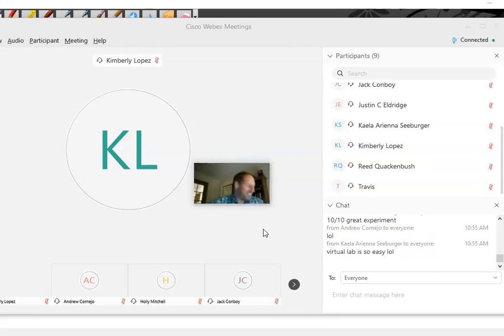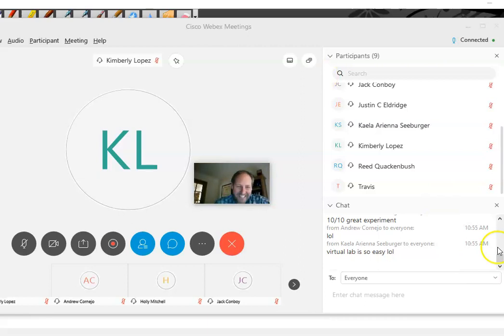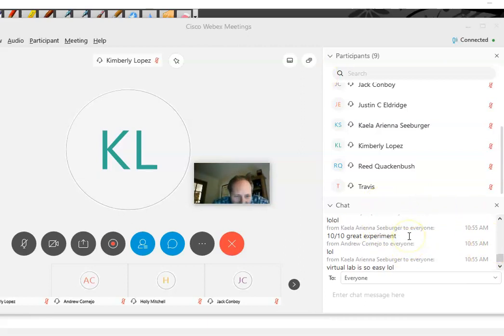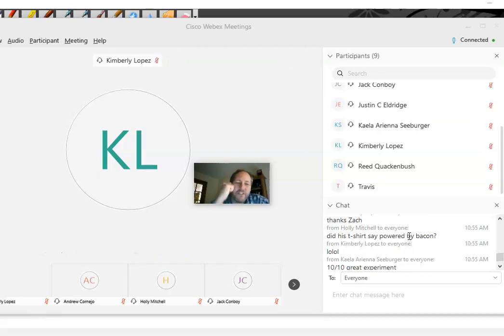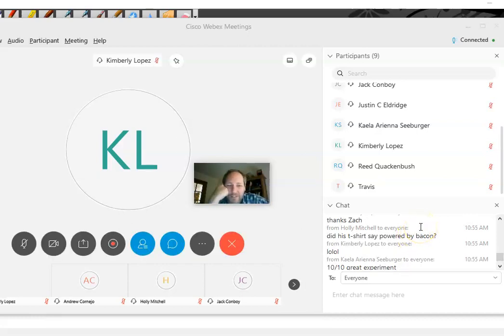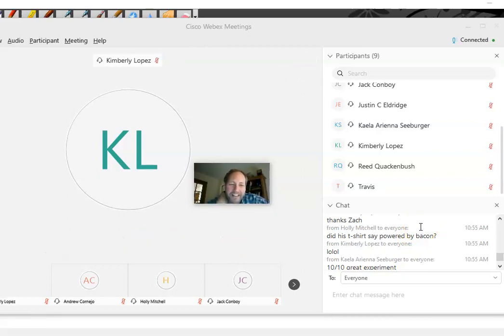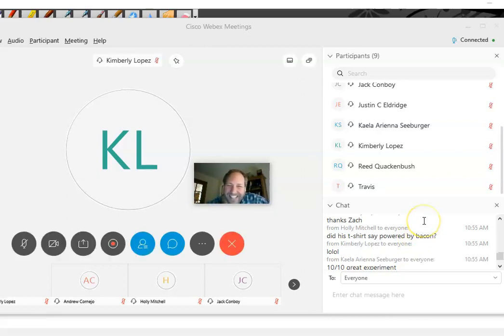Yeah, virtual lab is so easy. That's right. Oh, thank you guys. Oh God, Holly, that's so funny you said that. My son said, "I wonder if they saw my shirt." But yes, his shirt says, "I'm powered by bacon." That's correct. It's his favorite shirt.